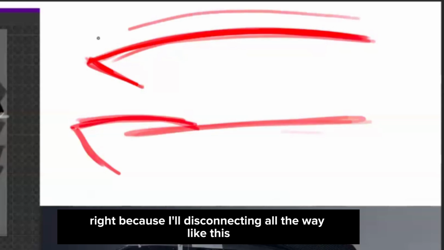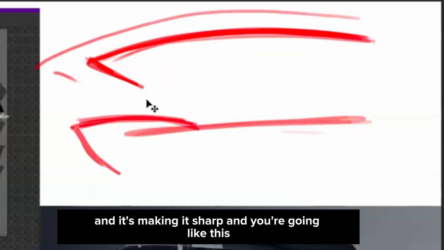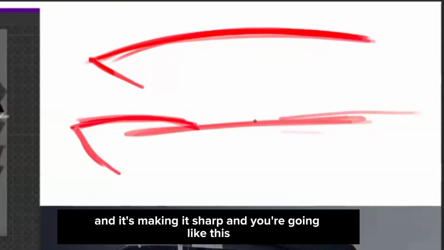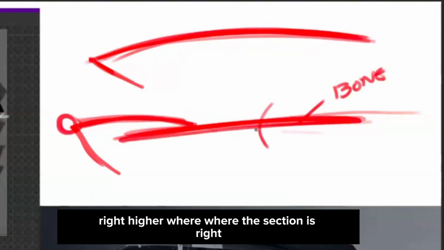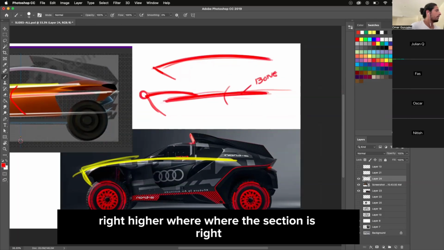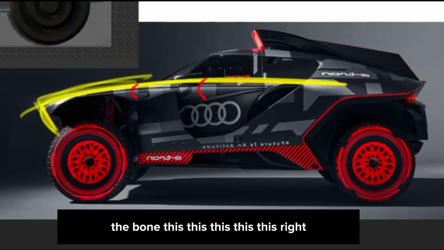Because Audi is connecting all the way like this and it's making it sharp. And you're going like this, and then you're going higher, and then your nose is higher than the bone. Right, higher where the section is, right? The bone, this, right? Goes like that, right?